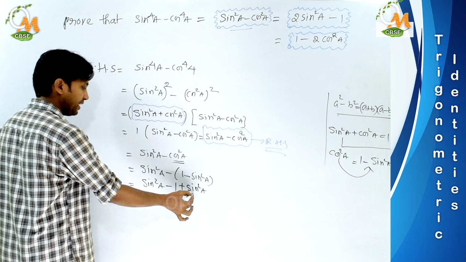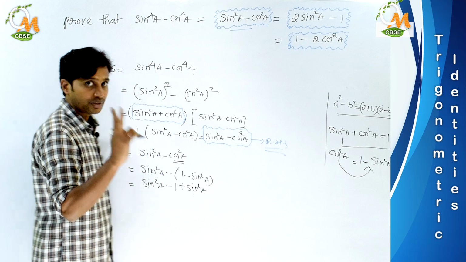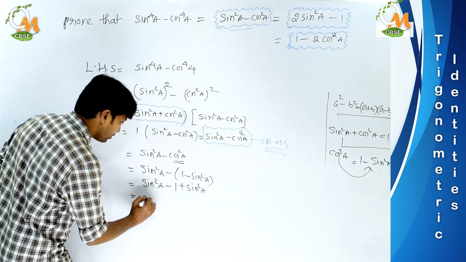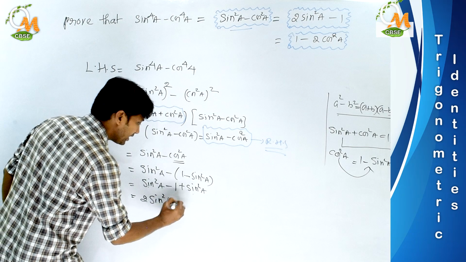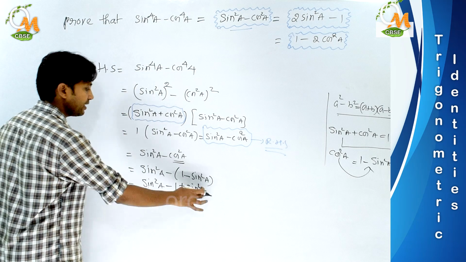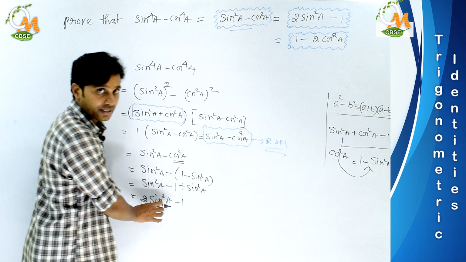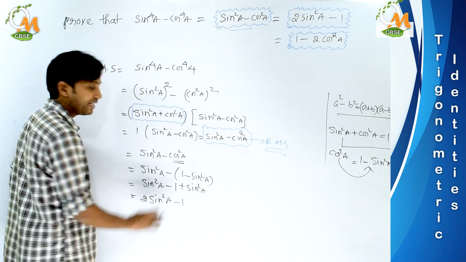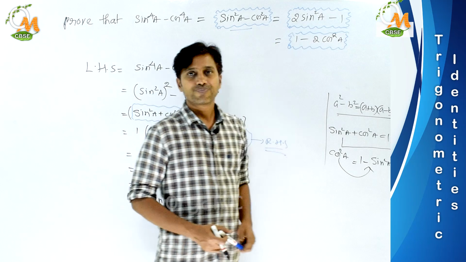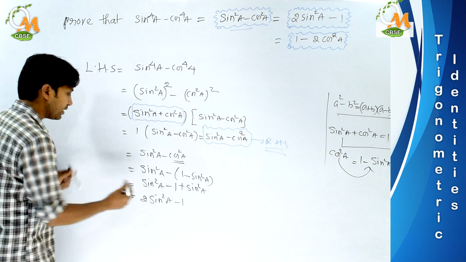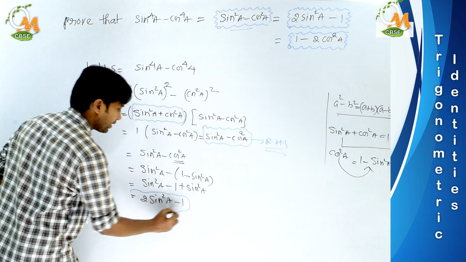Now sine square a and sine square a added give 2 sine square a, and minus 1 is written as it is. So I think we got our second result also. This is your second RHS part.